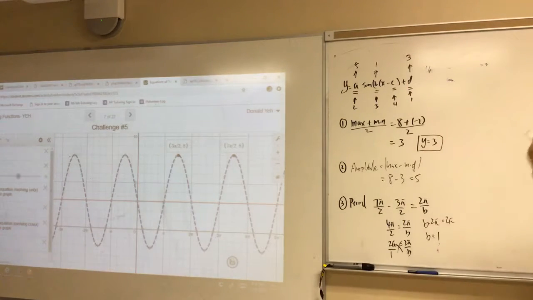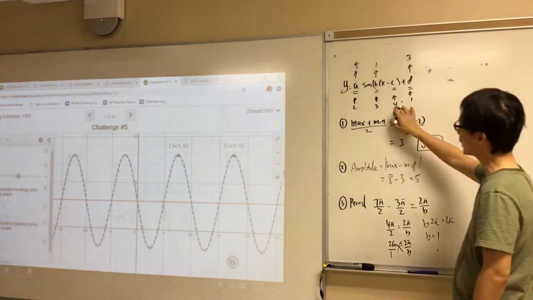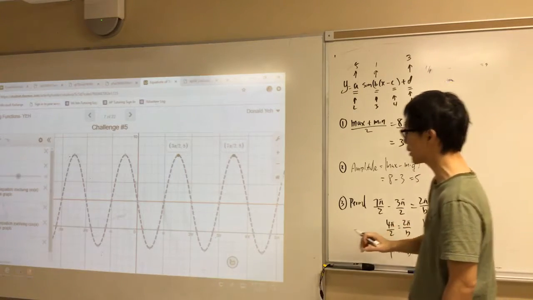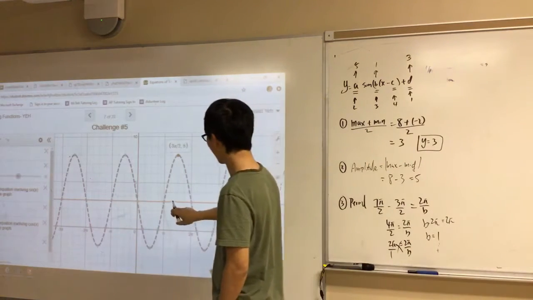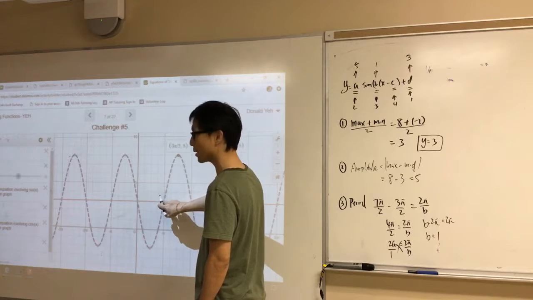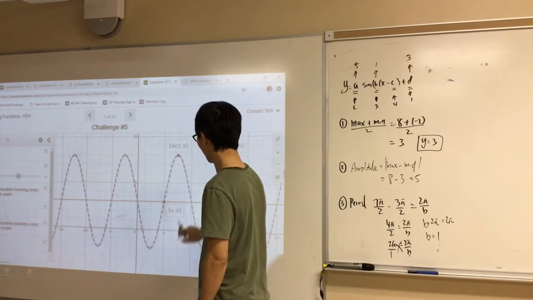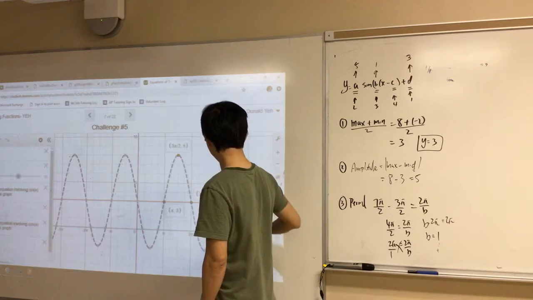Now how do I determine whether to use sine or cosine? Sine is the midline going up and down. I can actually write out several equations for this. There's an infinite amount of choices, so you can start any way you want. So C is going to be here. Sine can start right here, or here, or here, or here.